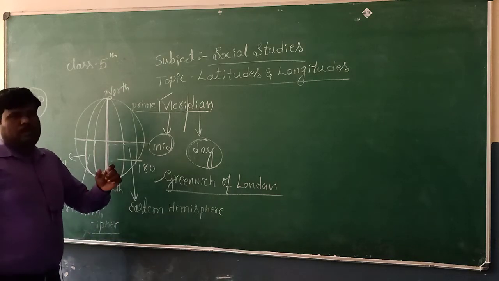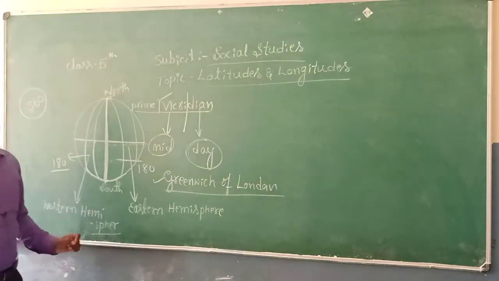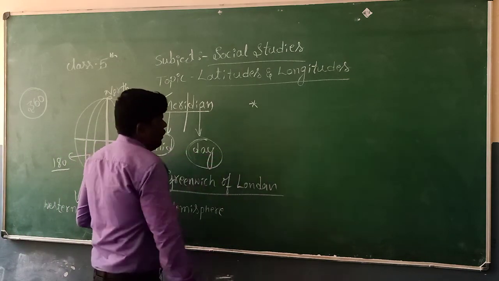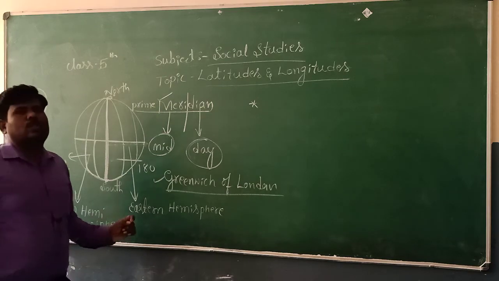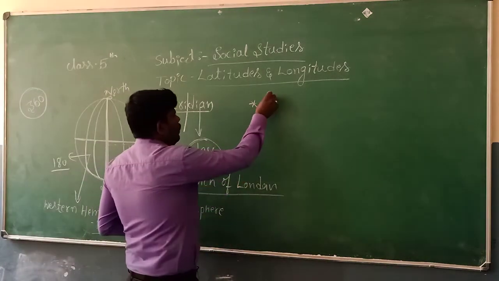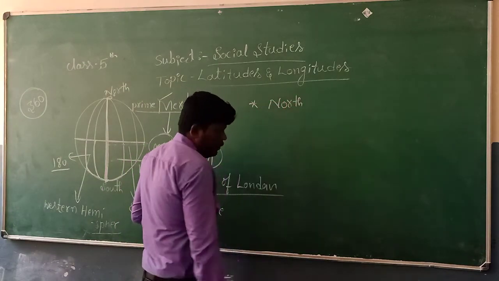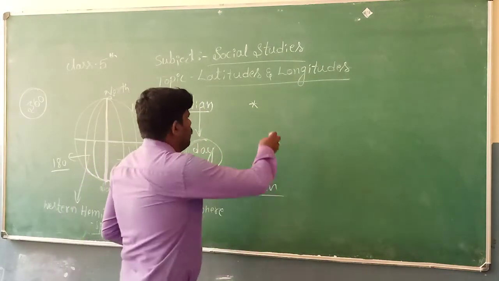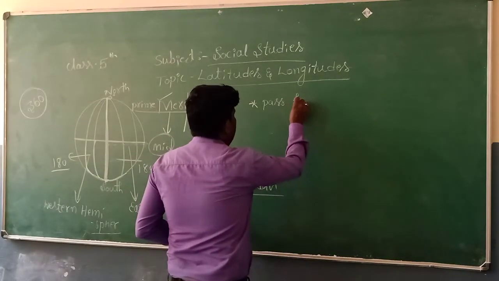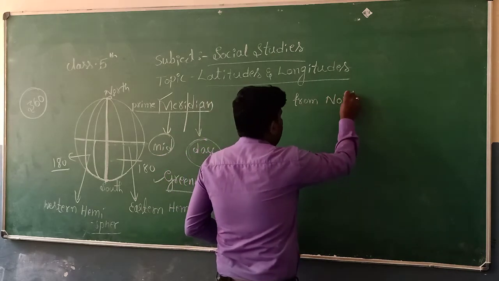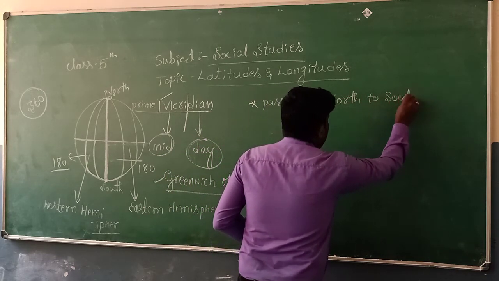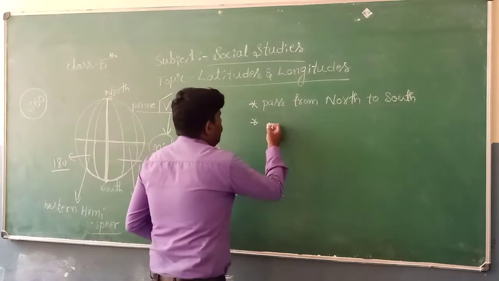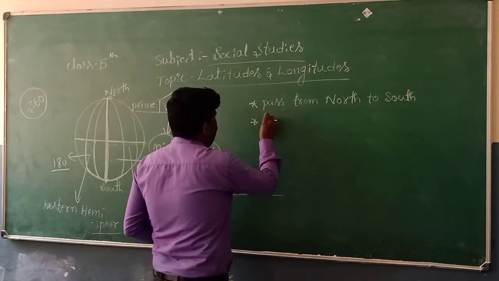Now we will study the important features of longitude. One: longitudes pass from north to south, and these are also called meridians of longitude.